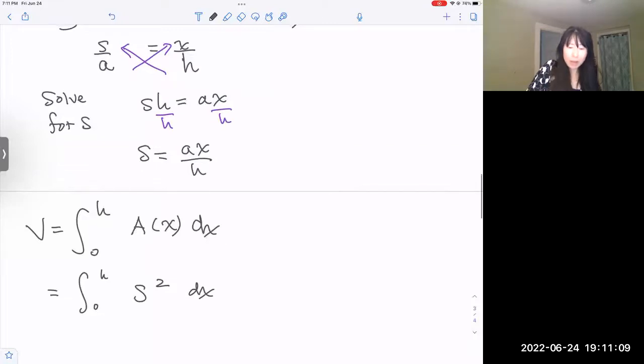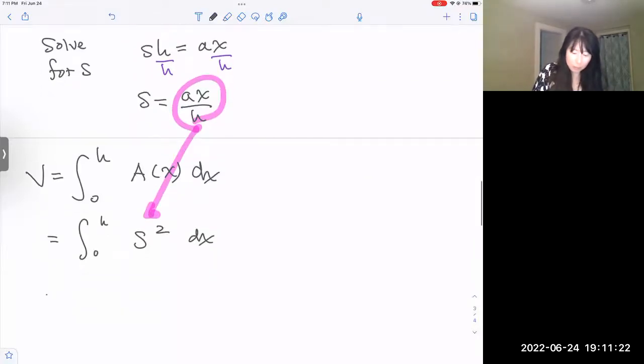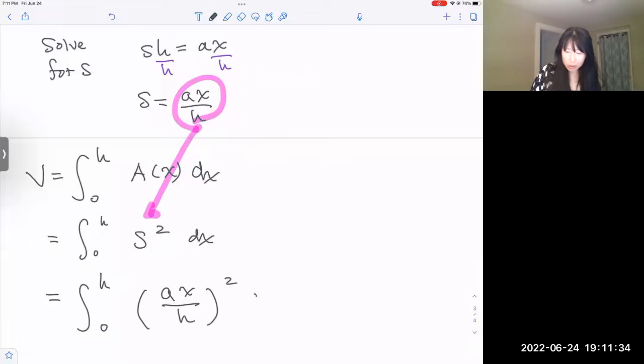All right, then s, we found what is s, right? So that is from 0 to h, s was (a x over h) squared.